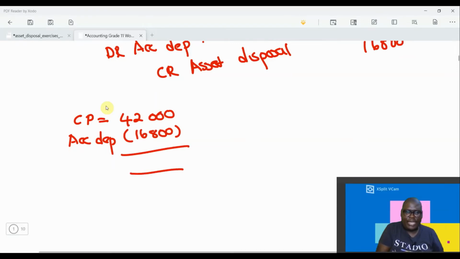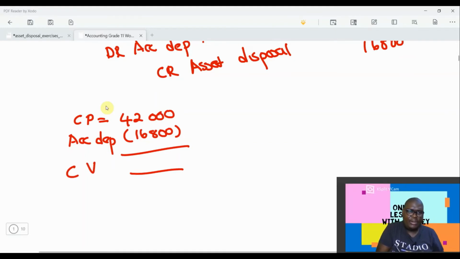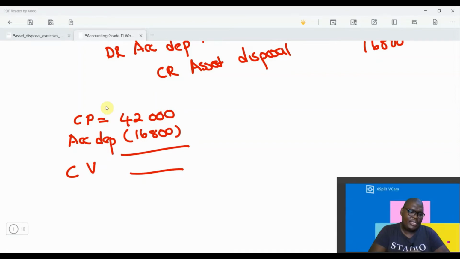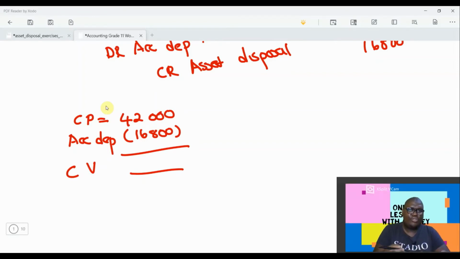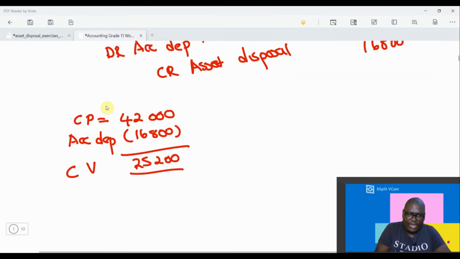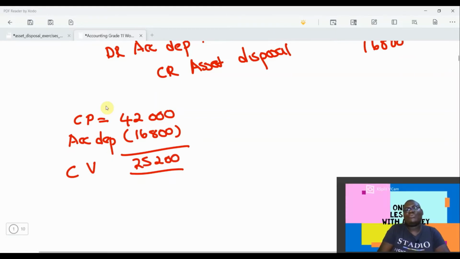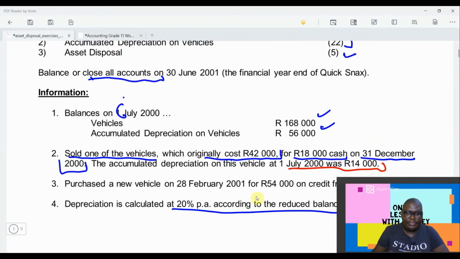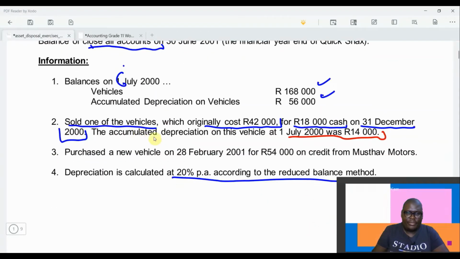So whatever we get here will be our carrying value. So 42,000 minus 16,800 is 25,200. So this is how much we were supposed to sell our vehicle for. Now we want to check how much we sold it for. We sold it for 18,000 cash.